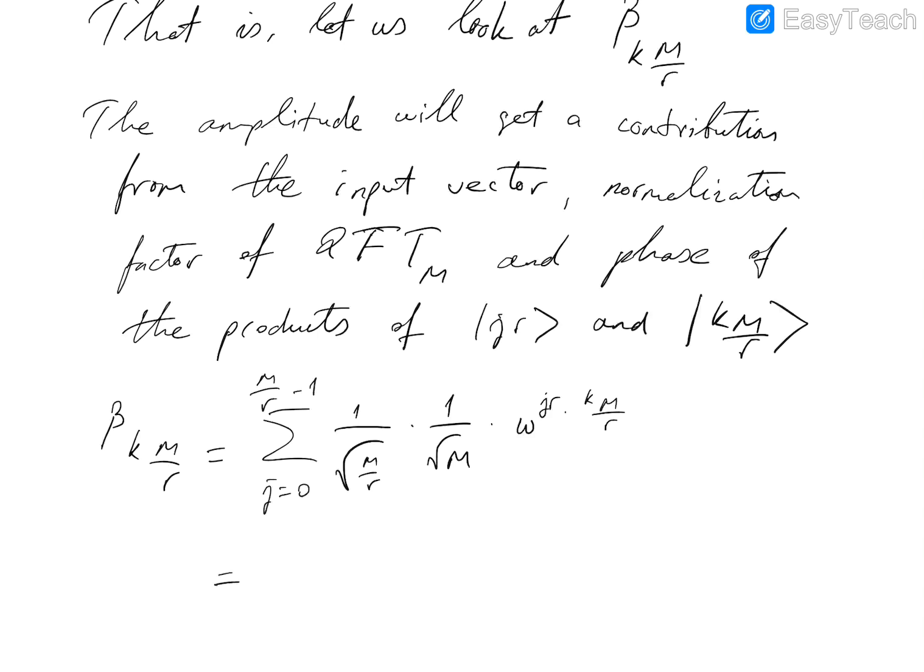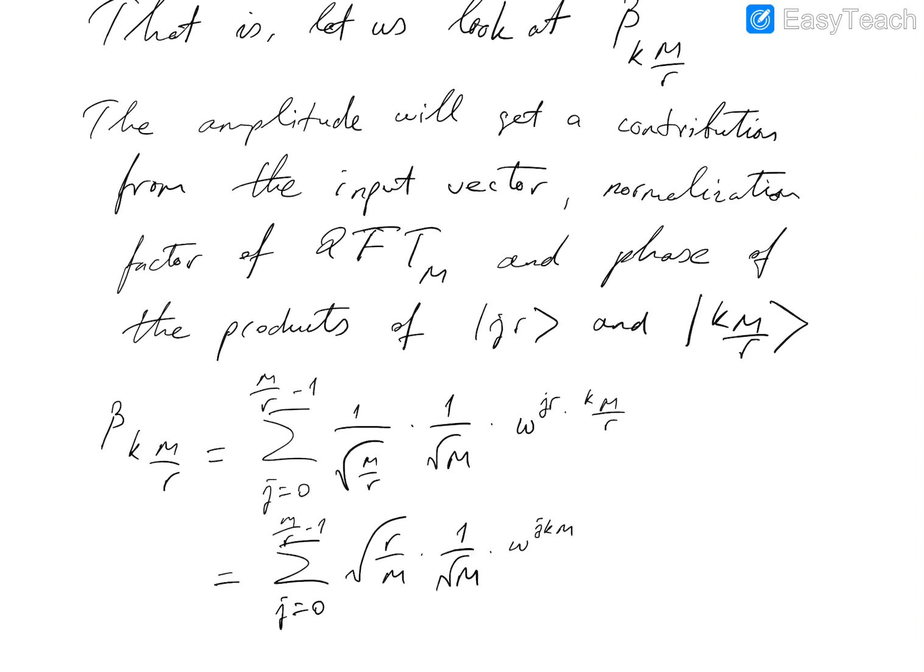So let's simplify this. This is summation j equals 0 to m over r minus 1. This is simply square root r over m times 1 over square root m times what we have left here, omega to the power jkm.